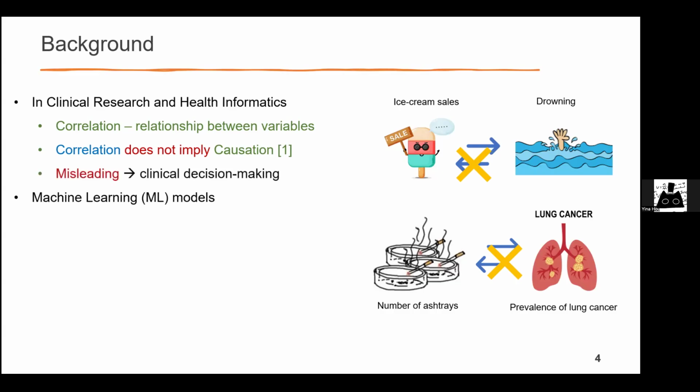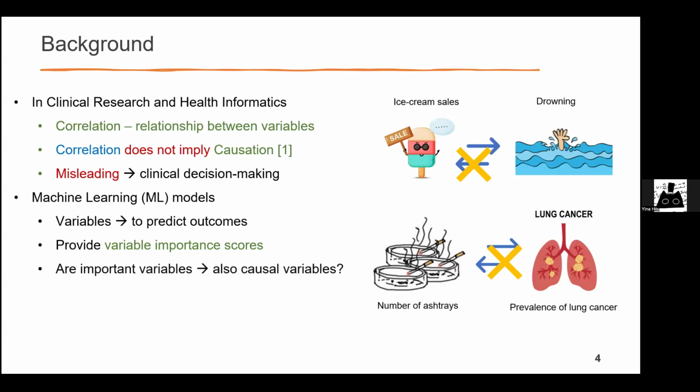Currently, machine learning models try to learn patterns from input variables to predict outcomes. In the process, the model also provides variable importance scores. But an important question arises: are the variables that are important for prediction also the ones that are causal in reality?